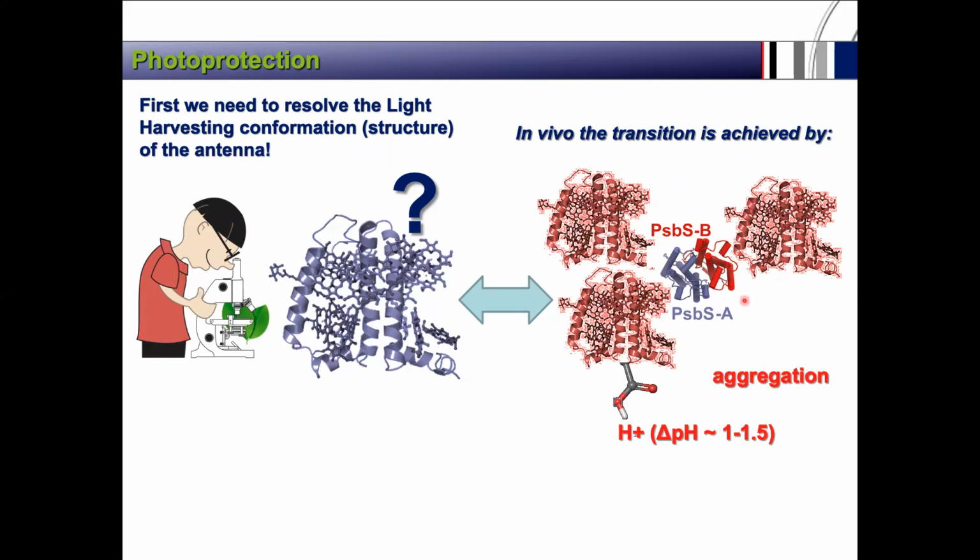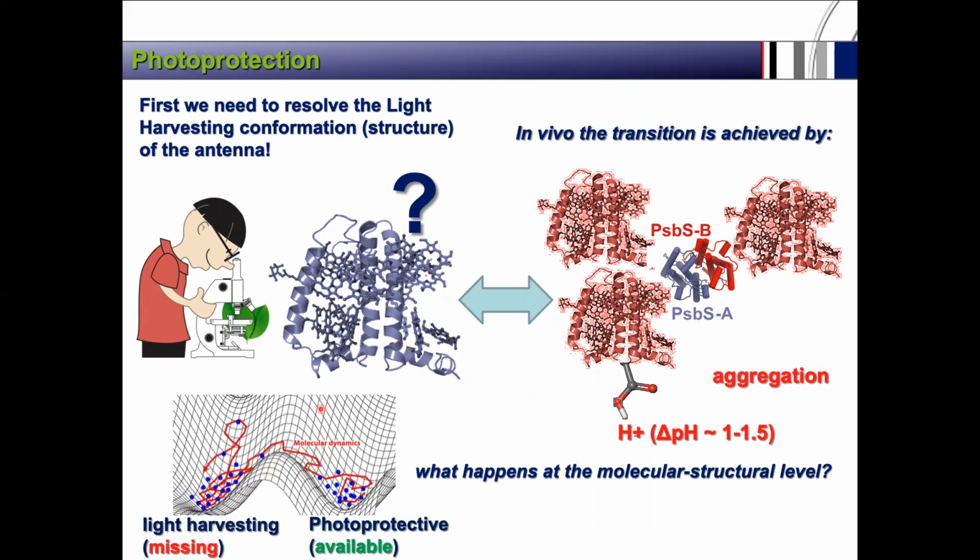And this all leads to aggregation of light harvesting complexes and the dissipation of energy as heat. However, molecular details are unknown, and that's what we're looking for. So we know the photoprotective state, there is a crystal structure for that, and we're missing the light harvesting state.